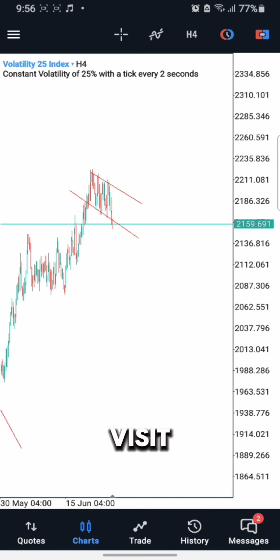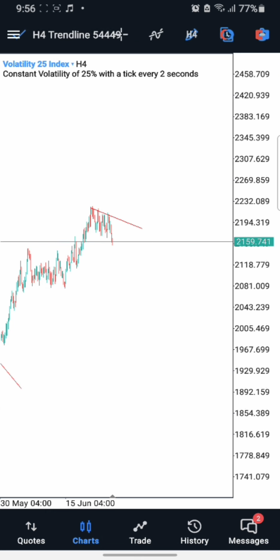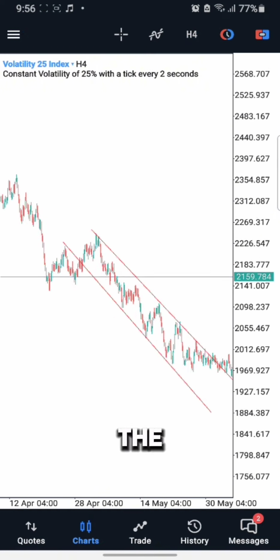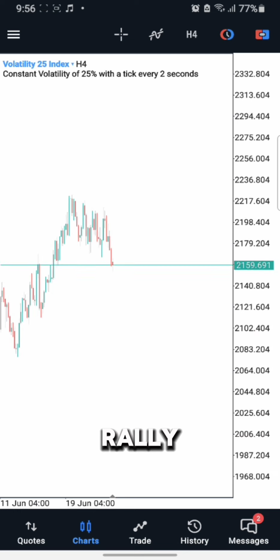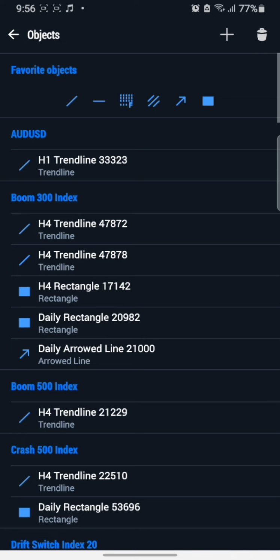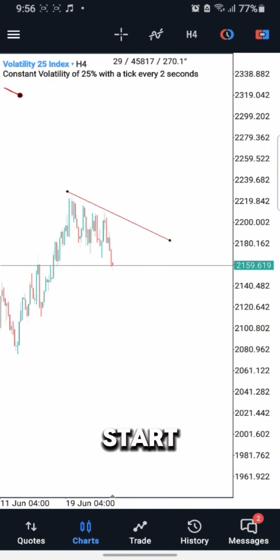And then now we visit volatility 25. In the volatility 25, there was another channel like this, but this one is a little bit different. As you can see, the bears have more power, as marked by that very big rally from that channel. Let me start drawing so that you can see what I'm saying.